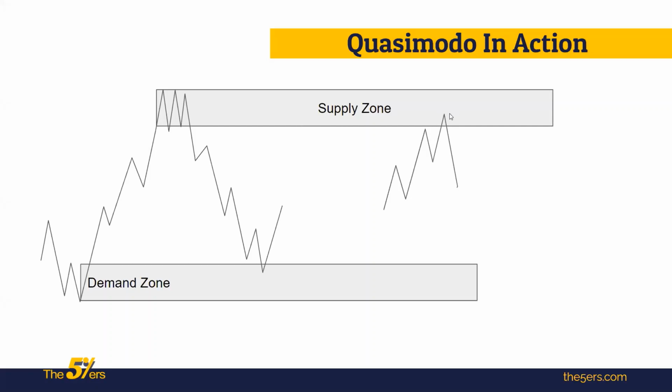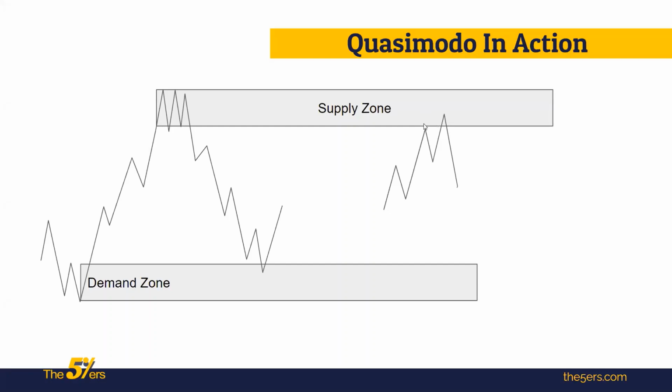Now it hits a fresh supply where we assume there's going to be resistance, and we see how strong the resistance is by the fact that price had broken demand in the context of buying. So we know these buyers are less strong at this moment. So this would be where we want to sell.